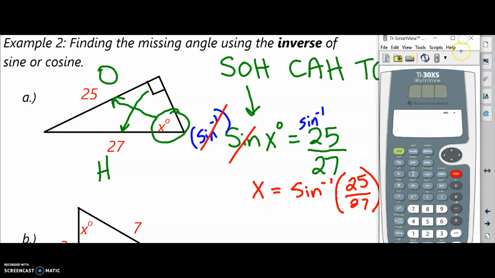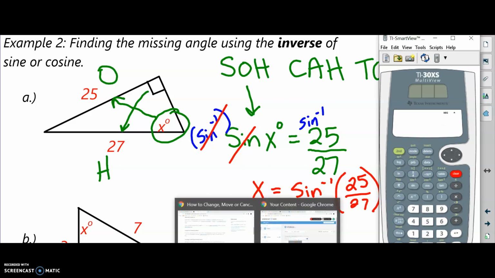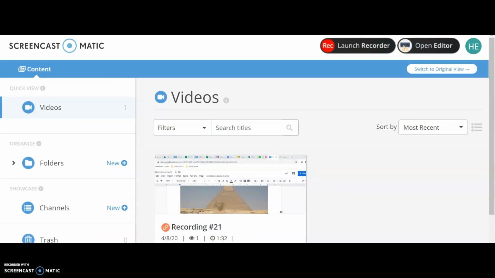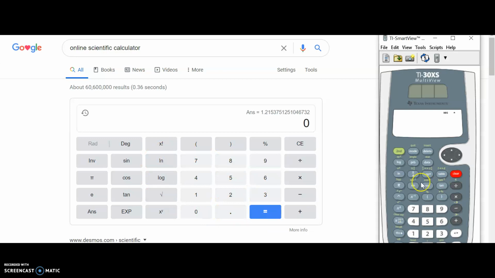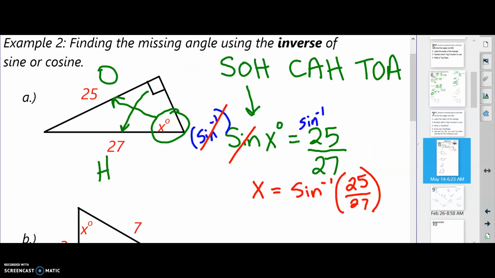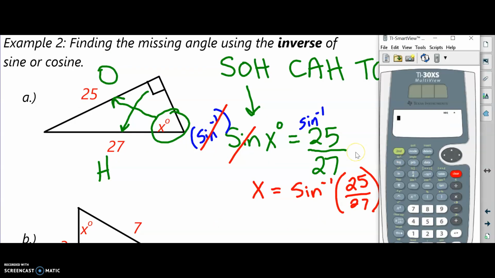If you can't get this onto the Chromebook or whatever, your cell phone does work, and I'll go through that in a second. All I did is I Googled online scientific calculator, you can see here, and you can use this too. I'm going to show you on my calculator first, and then I'll show you the other ways too.